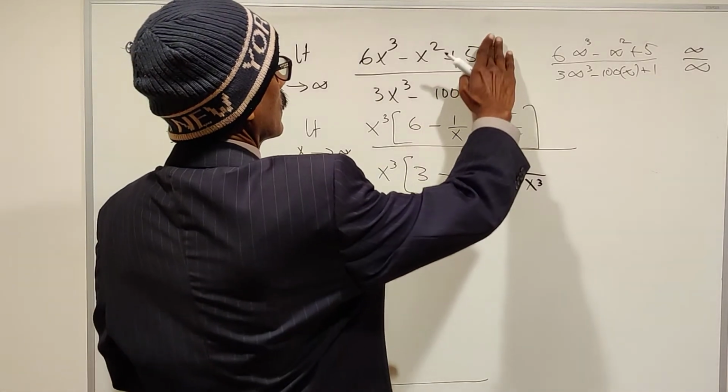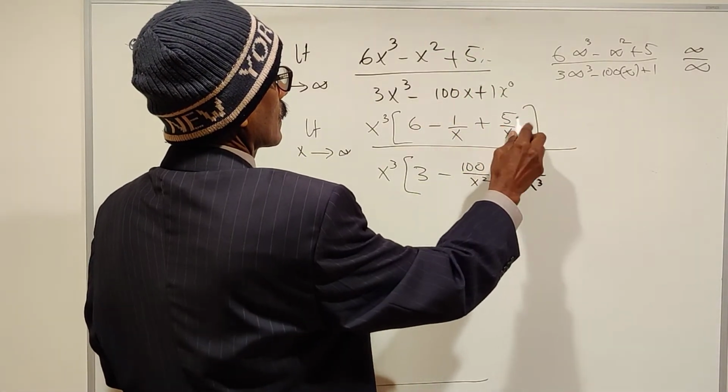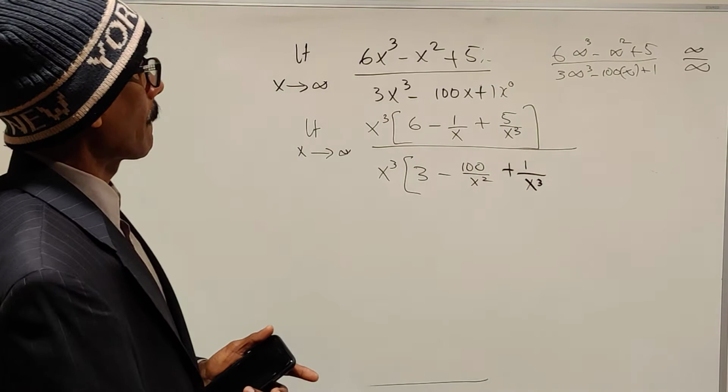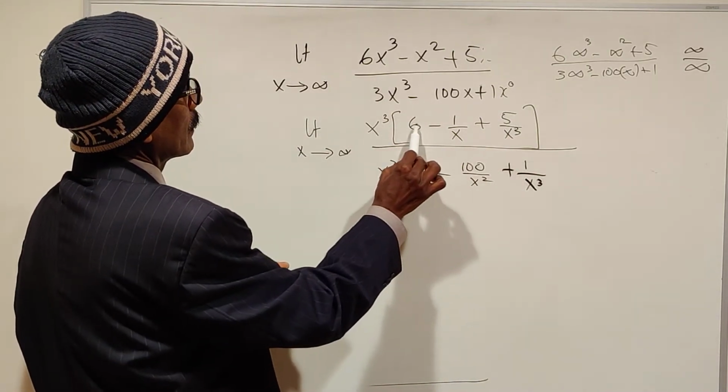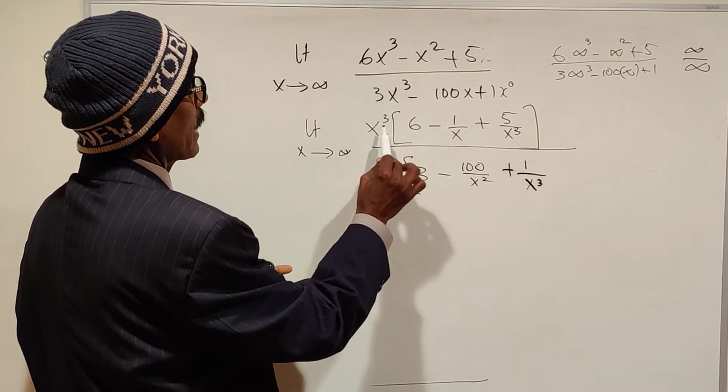Oh, I'm sorry, there's a mistake. See here, 5 by x cube. When you distribute x cube inside, what do you get?